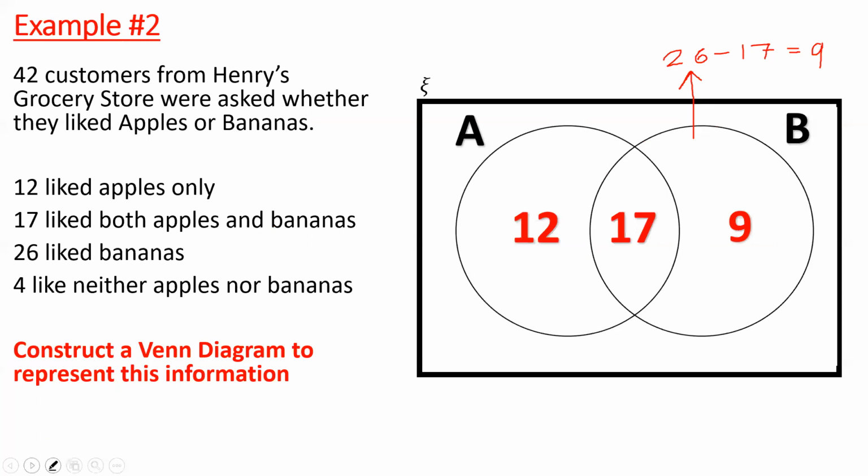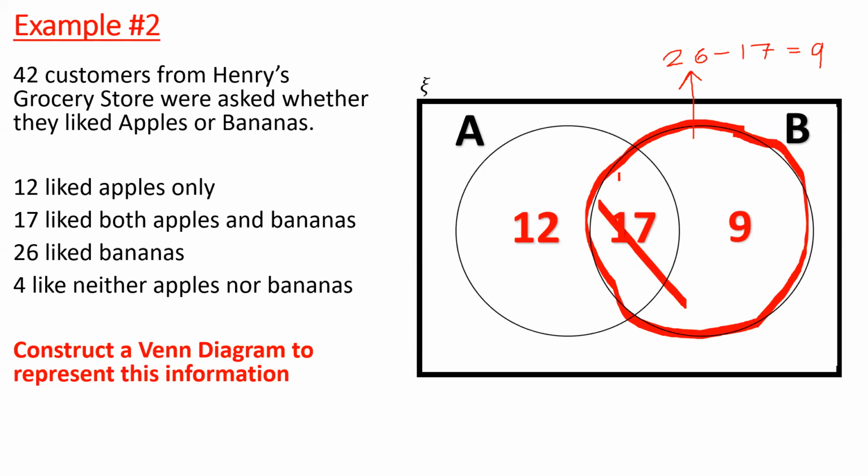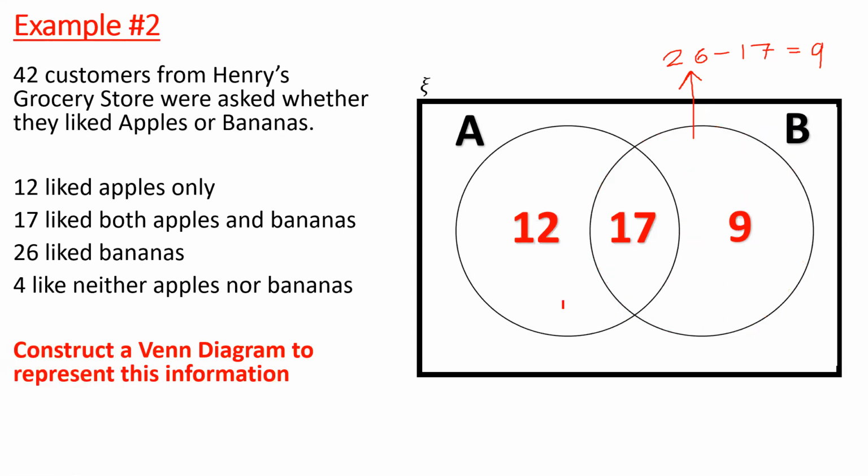If I ask you how many customers like bananas, you would get it by saying 17 plus 9. But it's not that we put it in the diagram. So not every number you have to put in the diagram. You understand what I'm saying? So be careful with that. Okay, so the answer here is going to be 9.